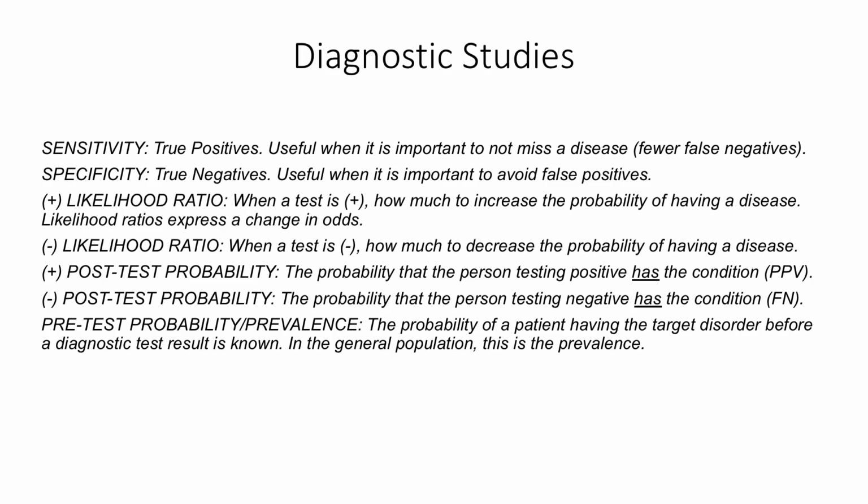Pre-test probability and prevalence. This is the probability of a patient having the target disorder before a diagnostic test result is known. In the general population, this is known as the prevalence. The pretest probability is also an expression of your clinical acumen.